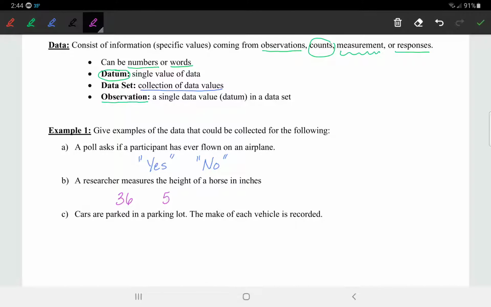You might say 51, you might find some that are 74, etc. Lastly, we could go to a parking lot and examine the cars that are in that parking lot, and then record the make of each vehicle. So the type of data we could collect there might be, say, Saturn, or the car might be a Ford, or it might be an Audi, etc.